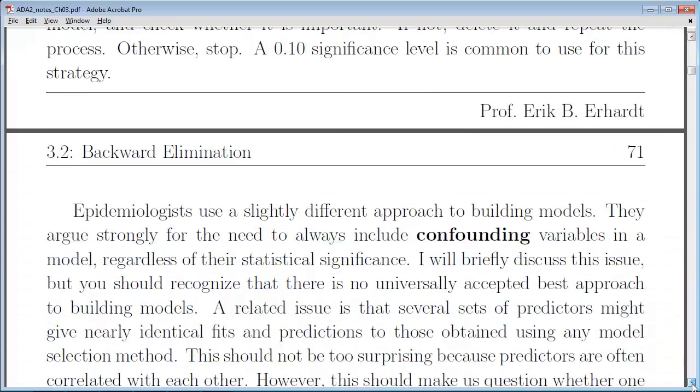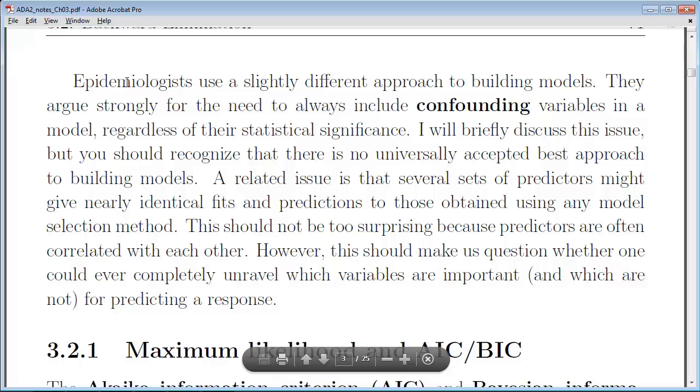One side note for epidemiologists who use certain selection criteria to perform sampling from a population: if you include certain variables as criteria for sampling, like age and sex and race perhaps, then we often include those in the model regardless of their significance as confounding variables.